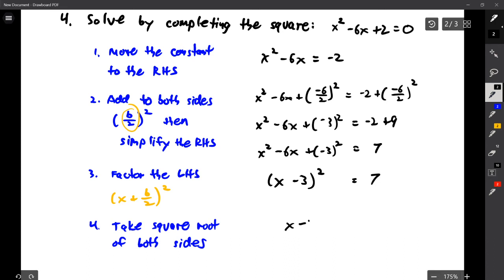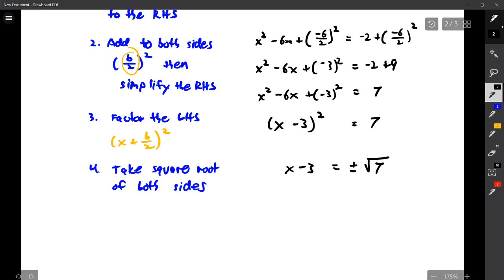So we're just left with this x minus 3 equals plus or minus the square root of 7. We need that plus or minus. Whenever the unknown is being squared and you take the square root, you need that plus or minus. And I'll spare you the explanation because we've talked about that a few times.